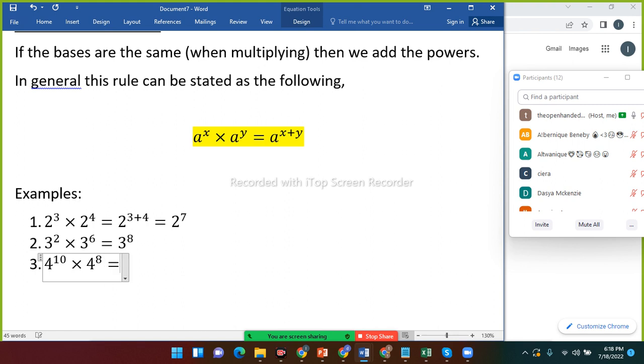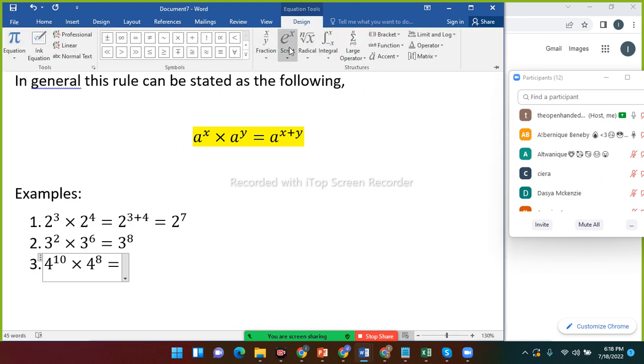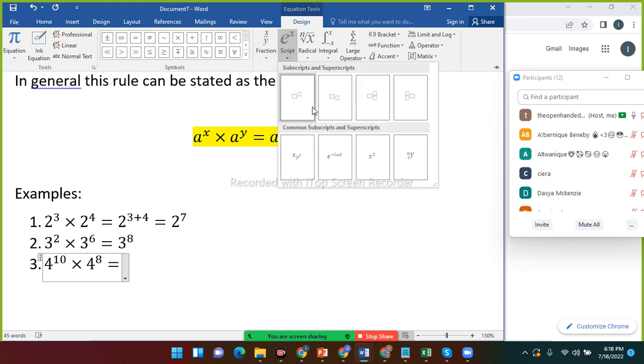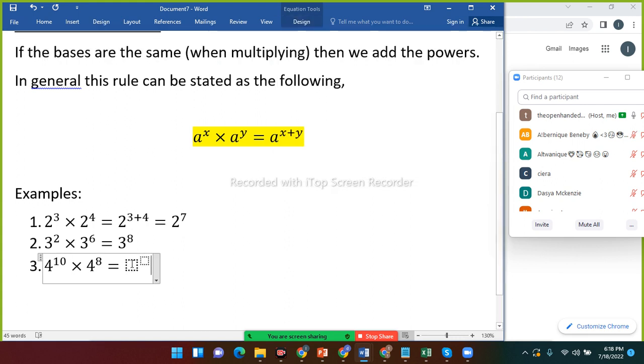What will my answer be here? Albernic, what would my answer be? 4 to the power of 17. You sure 17? 10 plus 8. 18. 18. 10 plus 8.